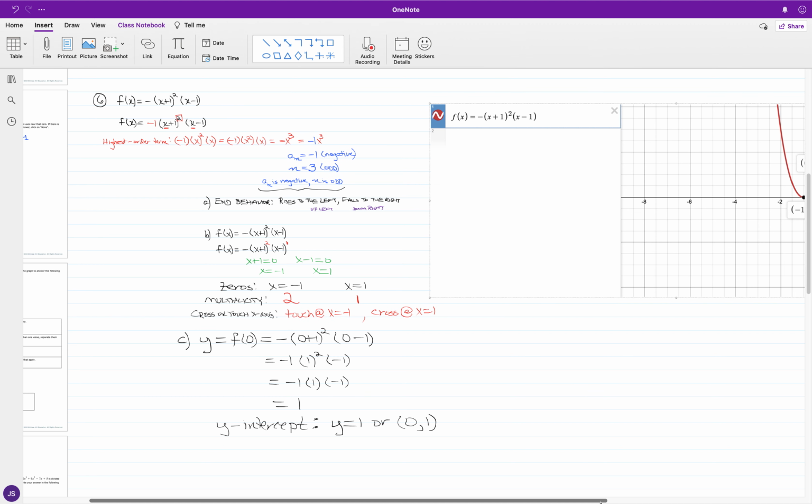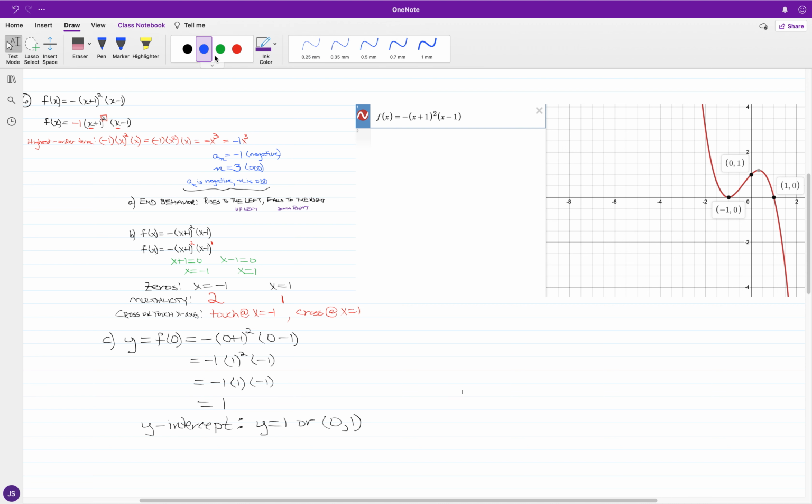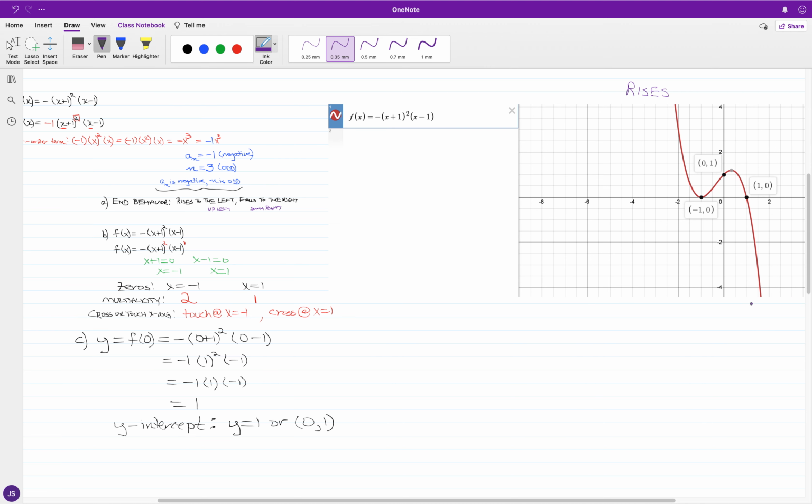Okay, so again we have f of x is equal to the negative of the square of x plus 1 times the quantity of x minus 1. And if you notice, we have the end behavior. For the end behavior, again you have rises to the left or up to the left. And then to the right, it's going to fall.